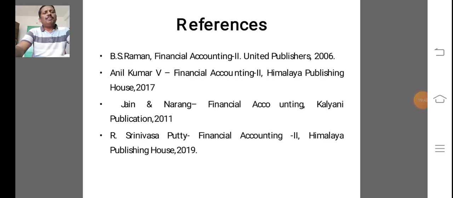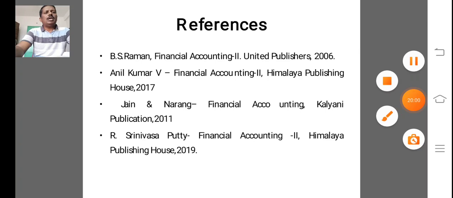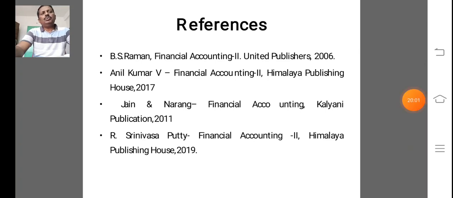This information is more available in the chapter on conversion of single entry into double entry, for a better understanding of the concept. Thank you very much.